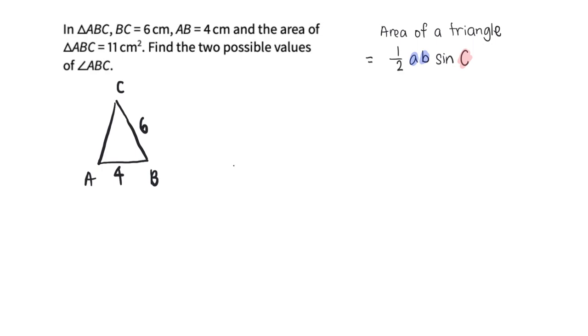Another possible way is this as well. AB is 4, BC is 6. And so there are two possible answers. One would be an acute angle ABC.